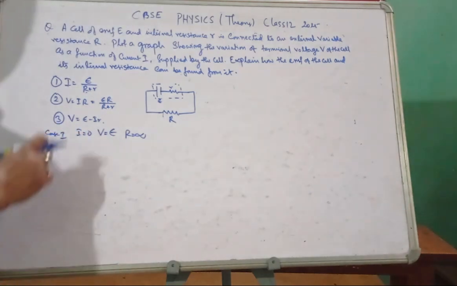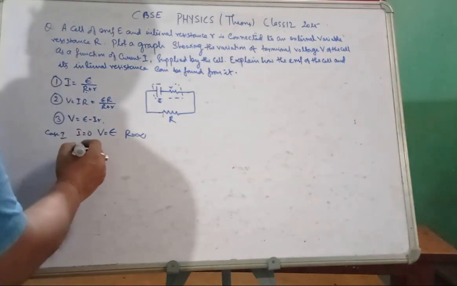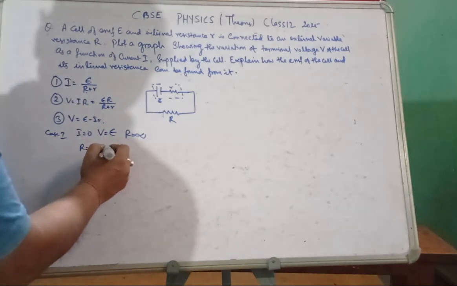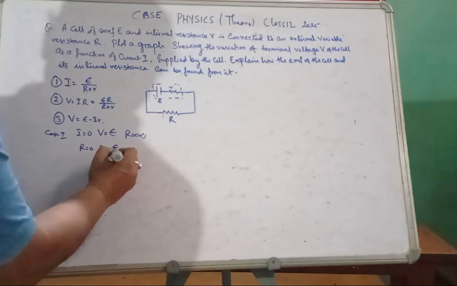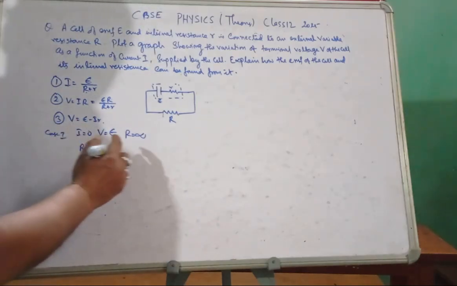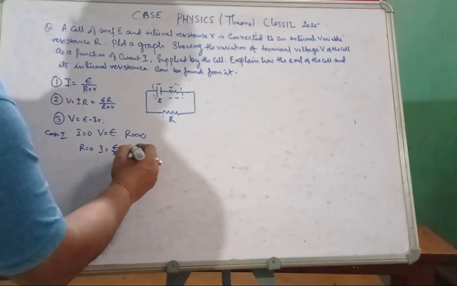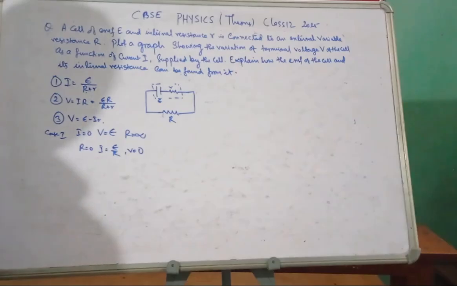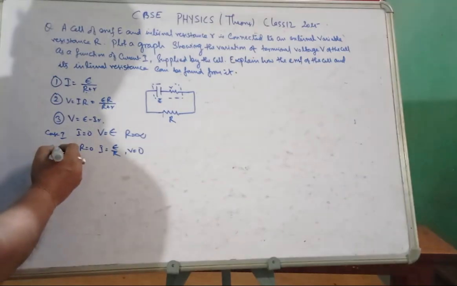Now, if R is 0, what will happen? I will be equal to epsilon by r, and when I is equal to epsilon by r, then V will be equal to 0. This is case 2.